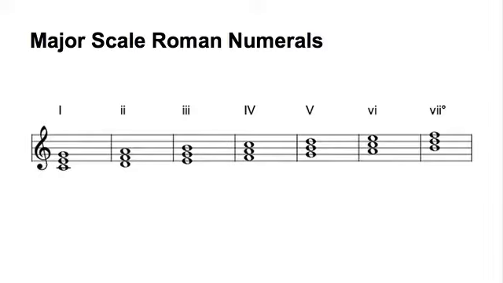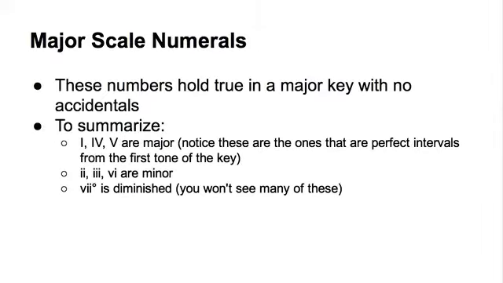So going back to this list, you can see 1, 4, and 5 being major chords, 2, 3, and 6 being minor chords, and then we use that little degree sign on 7 to show that the 7 is a diminished chord. So if you just remember that, with no accidentals, 1, 4, and 5 are the major chords. And these are the ones that are perfect intervals from the first tone of the key.